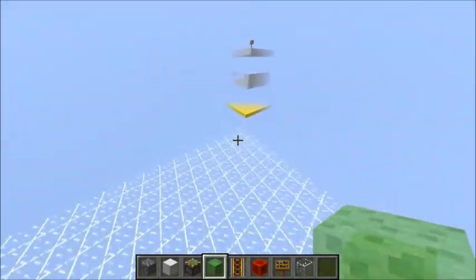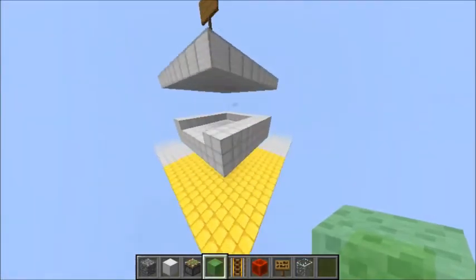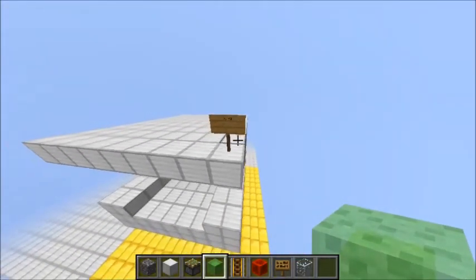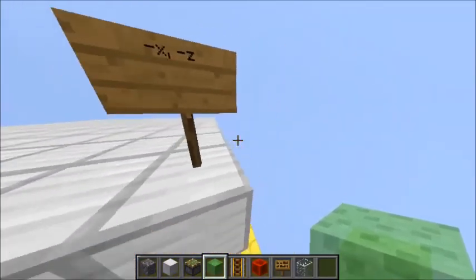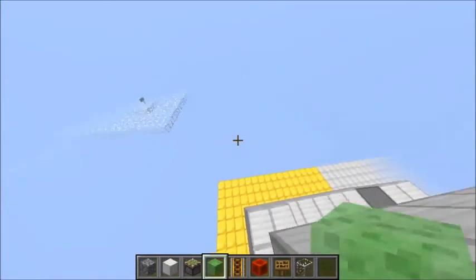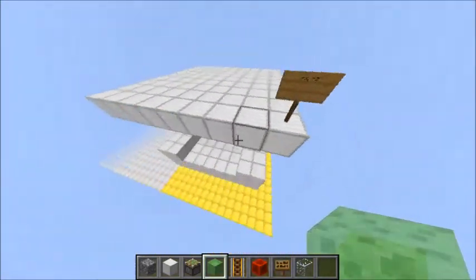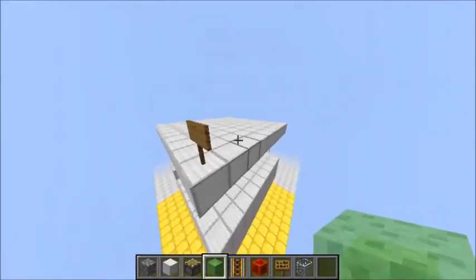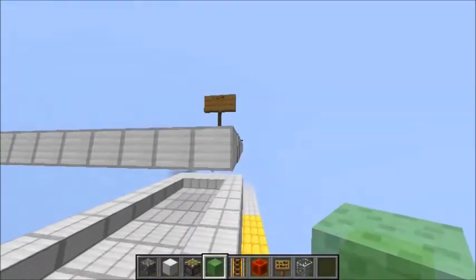So next I'm going to talk about what happens when a dungeon is being generated. Right here we have the most negative X and Z coordinate on this dungeon setup, and it's also the highest Y value.